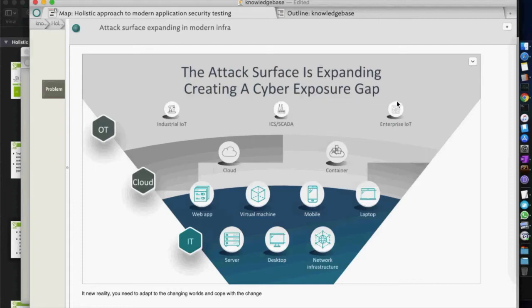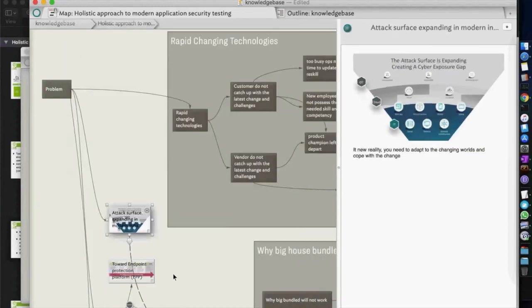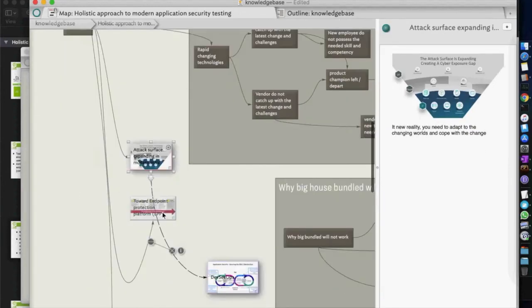The word used here is cyber exposure, right? Basically, it means the gate keeps expanding. However, the tool that you're using is not able to cover all the rest of the gray area. So this is what this thinking means.